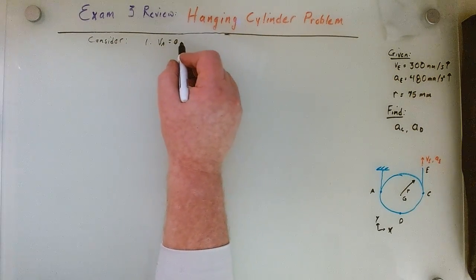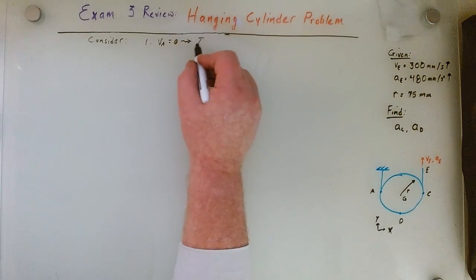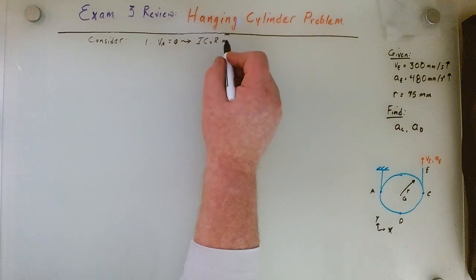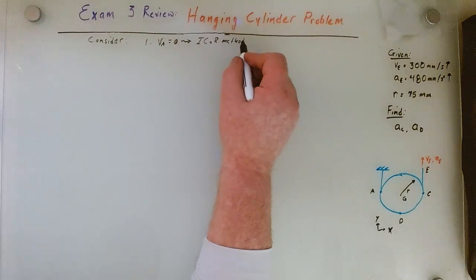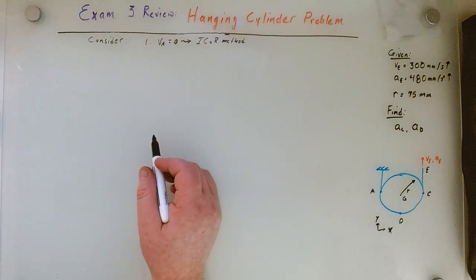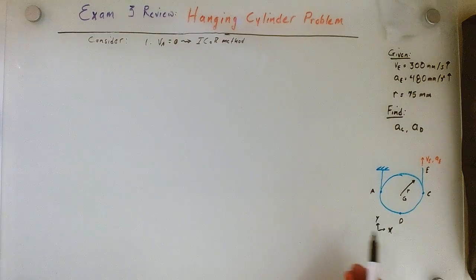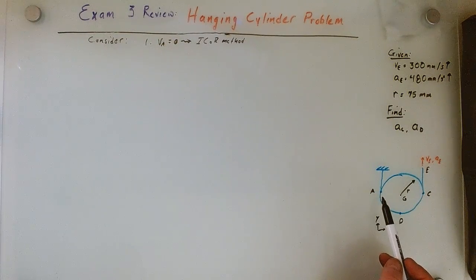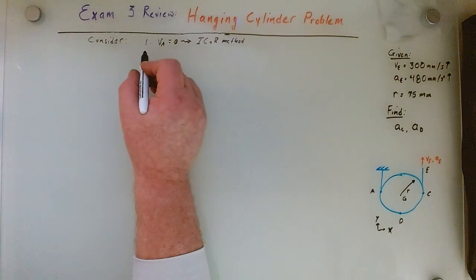And that allows us to use the instantaneous center of rotation method for some of our calculations, right? So big picture, we should be able to relate the motion of C to the non-motion of A to calculate some things.